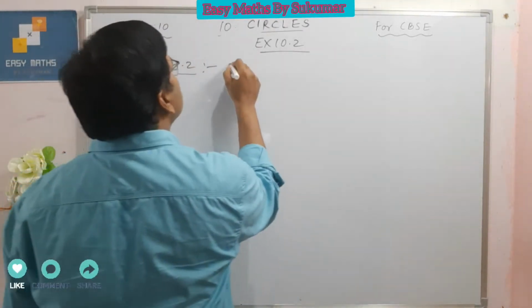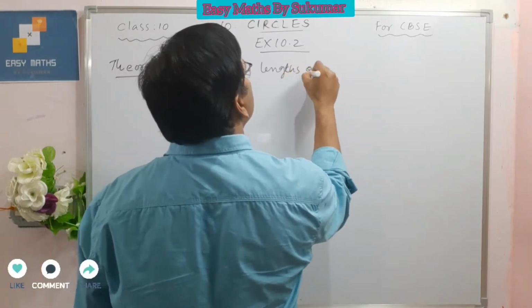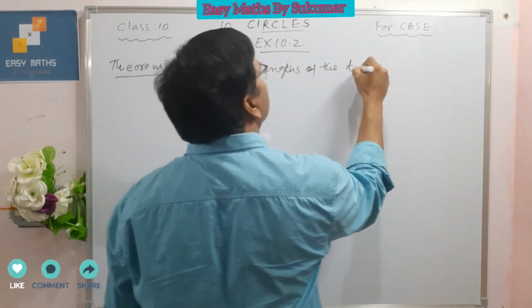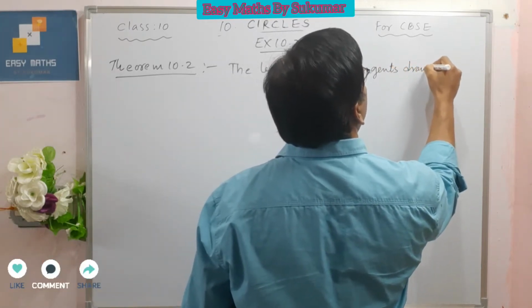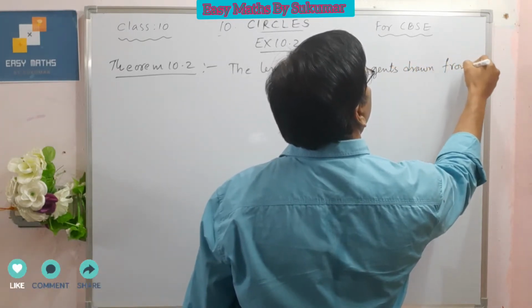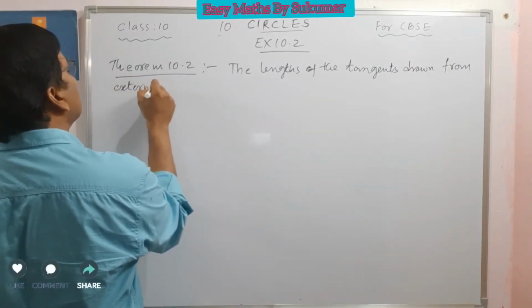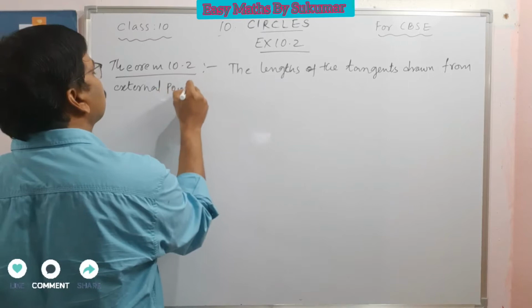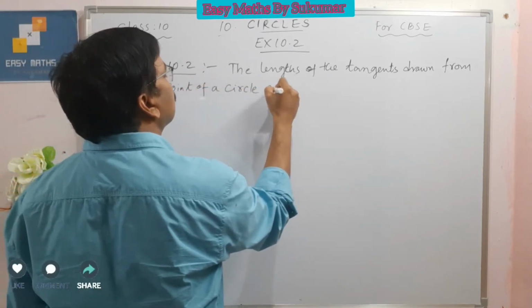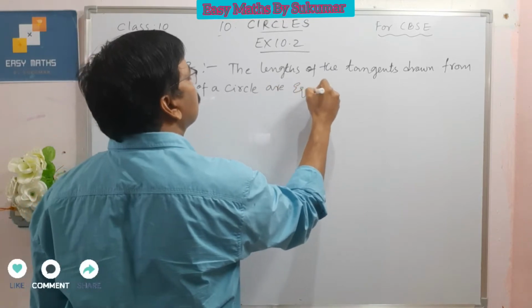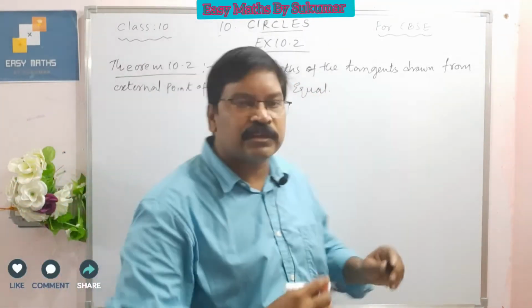The lengths of the tangents drawn from an external point of a circle are equal.